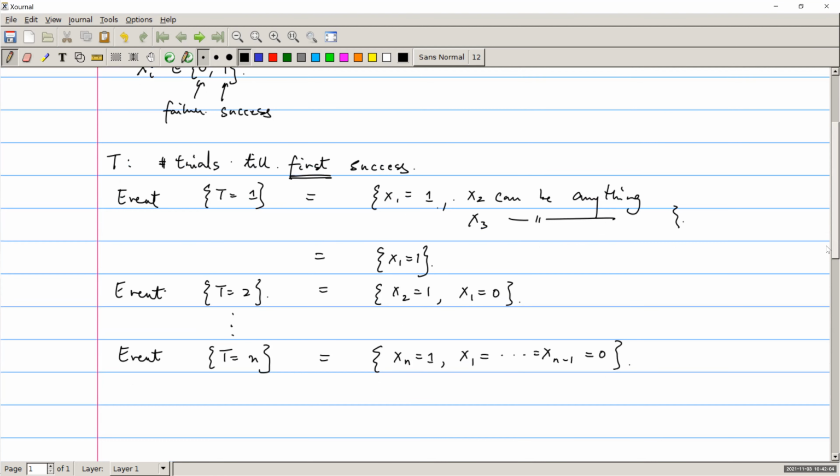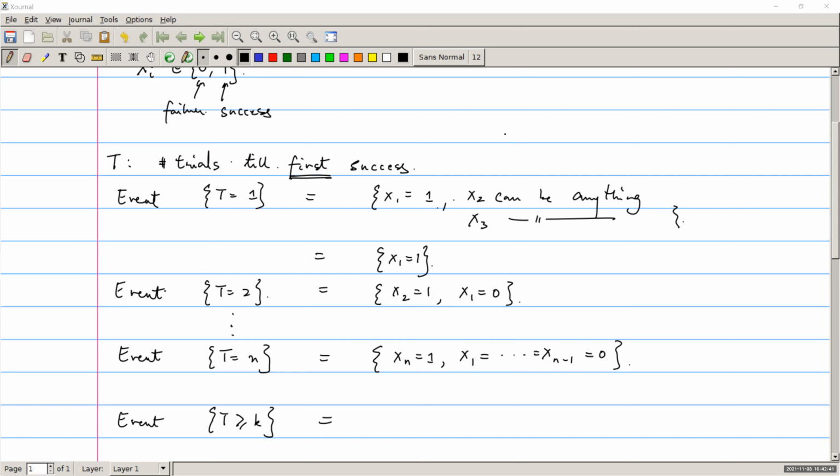Now, a slightly more complicated event: what is the event that T is greater than or equal to k? It could be equal to k, k plus 1, k plus 2, any of these, but some value greater than or equal to k.